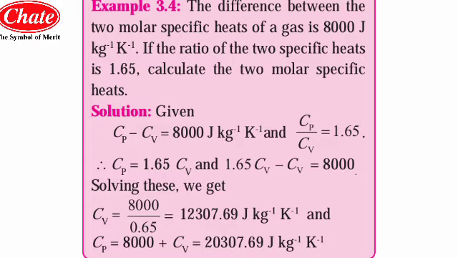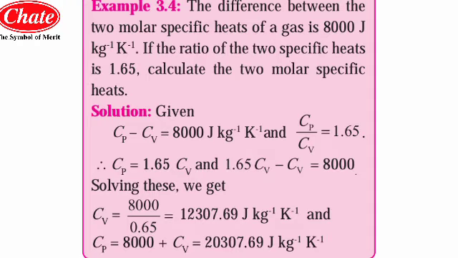This 0.65 we transfer to the other side of the equality sign, then Cv is equal to 8000 upon 0.65. If you calculate with the help of a log table, then you will get 12307.69 joule kg raised to minus 1 Kelvin raised to minus 1. So we have got the value of Cv, that is the molar specific heat at constant volume.